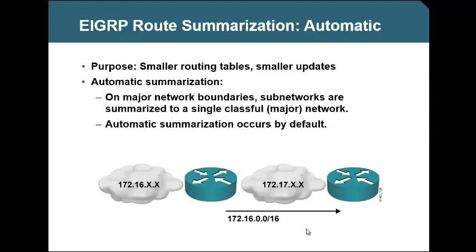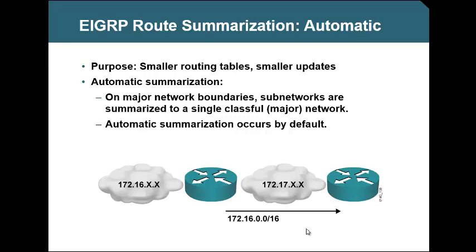EIGRP route summarization. I showed you the two different versions of EIGRP and the differences. One difference we saw is that the newer version can support both IPv6 and IPv4 under one EIGRP process, whereas in the older version, we use an autonomous system number and we need to configure IPv6 and IPv4 EIGRP separately.